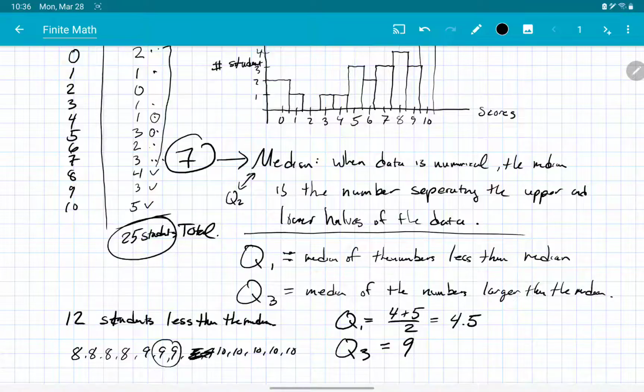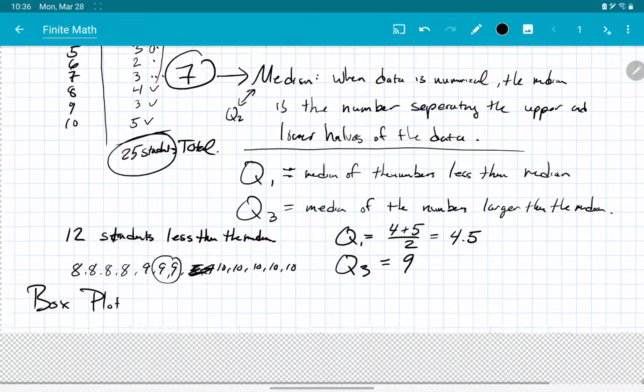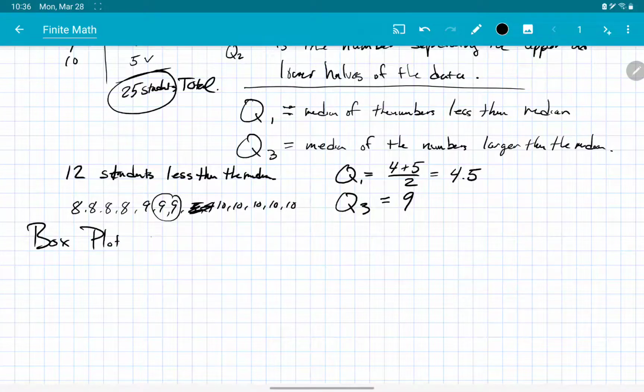Now, there's a special type of plot that uses these medians and the quartiles called a box plot. And I'm going to draw a generic picture of a box plot. So we have data, and the y-axis doesn't actually mean anything for a box plot. So the box plot looks like this.